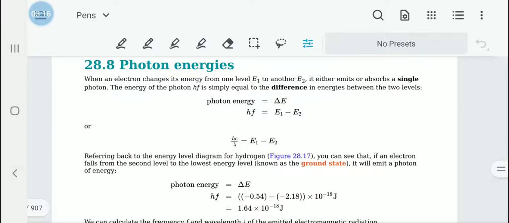As a result, the energy of the photon is exactly equal to the difference in energies between the two levels. Photon energy equals delta E, and hf equals E1 minus E2, and the other one, hc divided by lambda equals E1 minus E2.